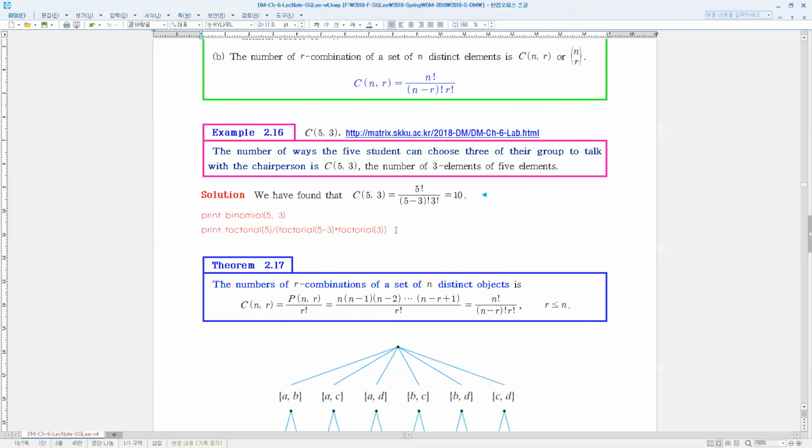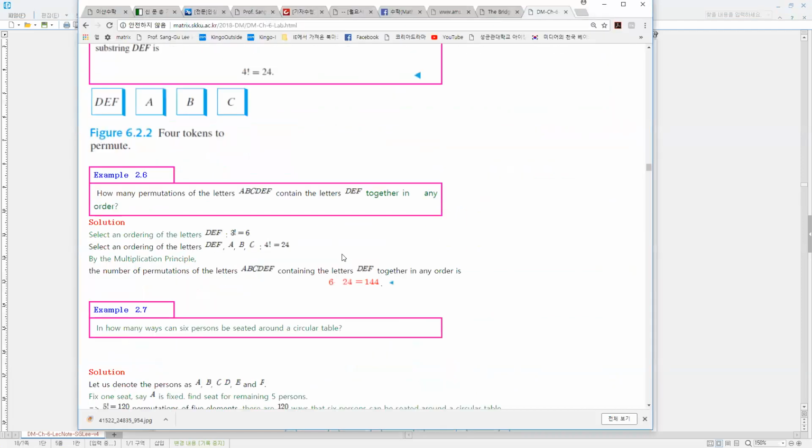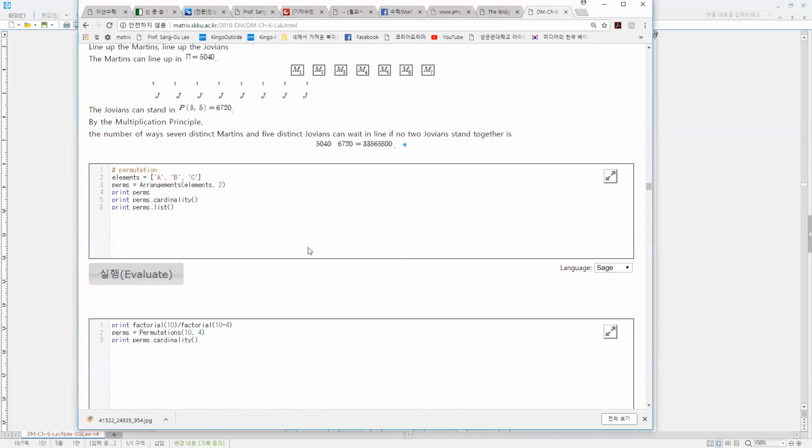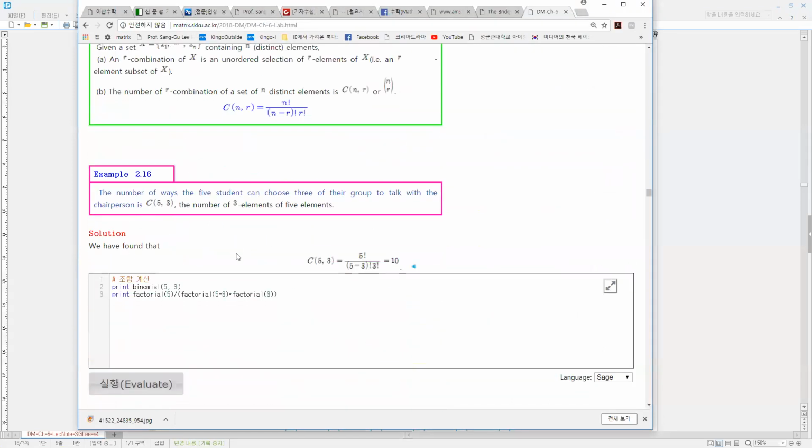This can also be found with this code, in Python-based Sage. Here we can check those codes for permutations and their cardinalities, and here n choose r.